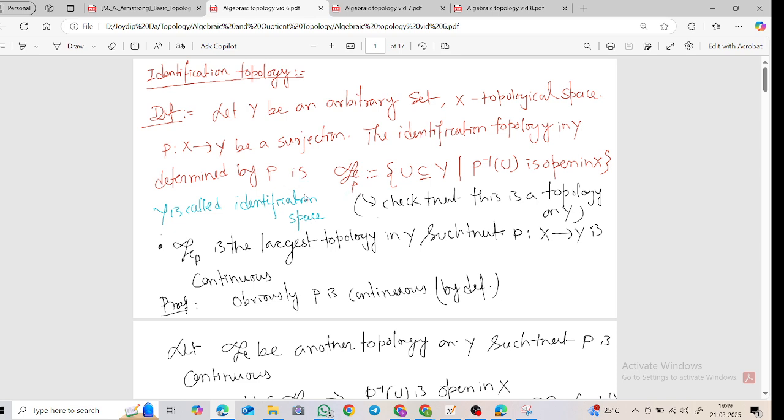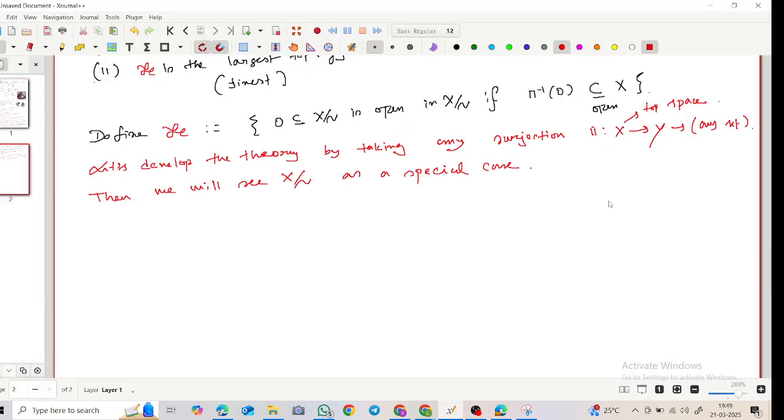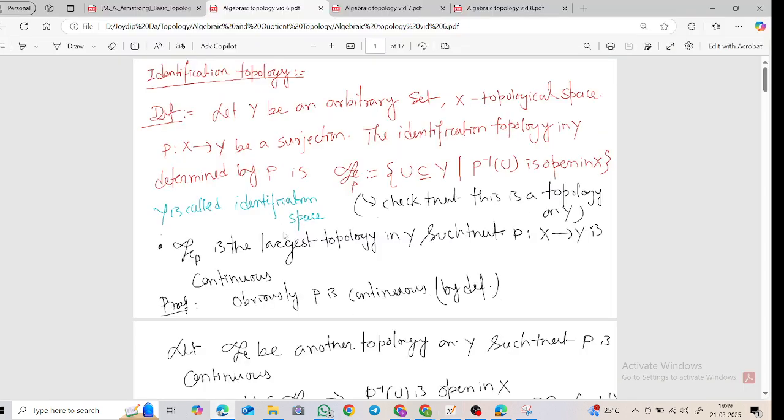P is the map, so they are defining script F_P with the help of the map P.